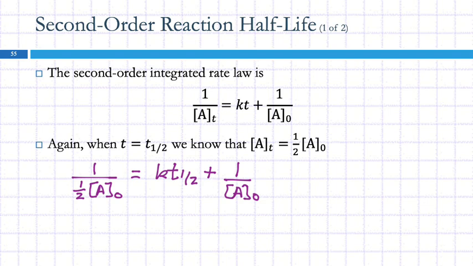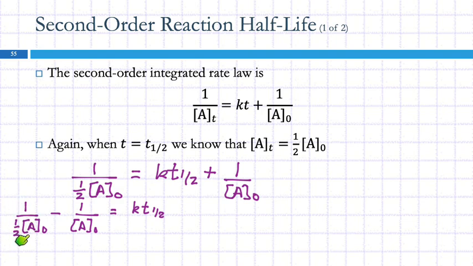So rearranging of this might be a little sketchy. What we want to do is subtract 1 over A0 from both sides. This is a mess over here because in order to subtract, the denominators have to be the same.